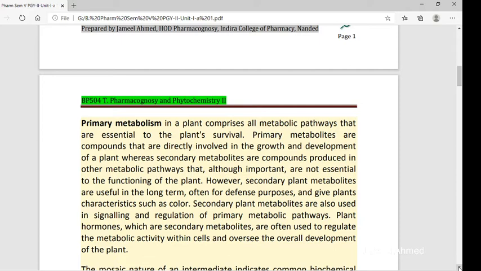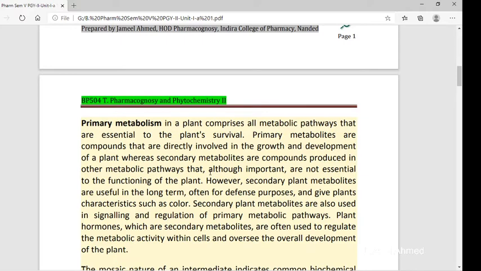Now a secondary metabolite, you have to know, that is very important in your syllabus. A secondary metabolite is not directly involved in those processes but usually has an important ecological function.